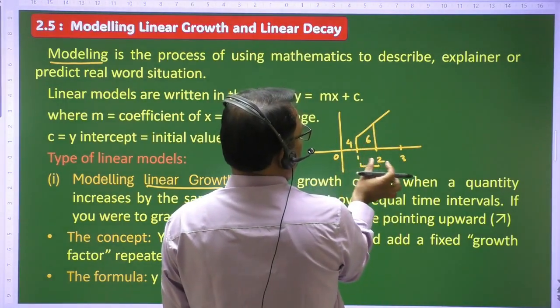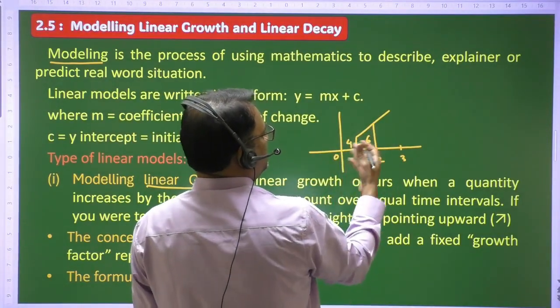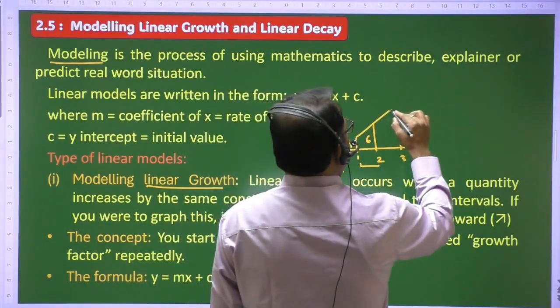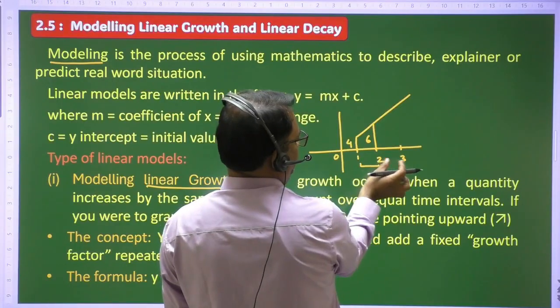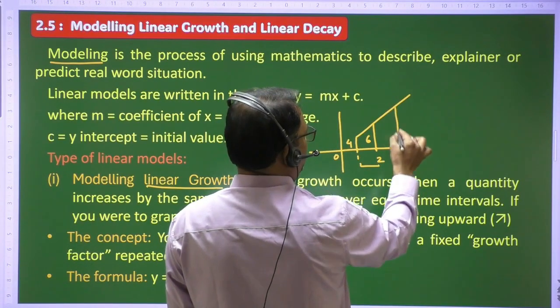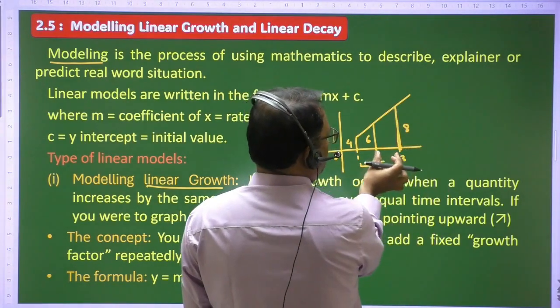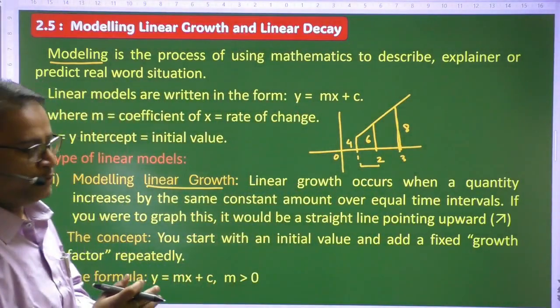So in 1 hour, 6 minus 4, the change in the quantity is 2 units. And again, from 2 hours to 3 hours, the duration is 1 hour, and if this height is 8, then 8 minus 6, the change is again 2 units.